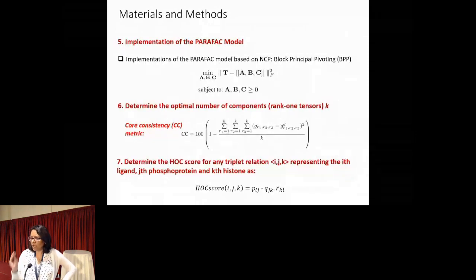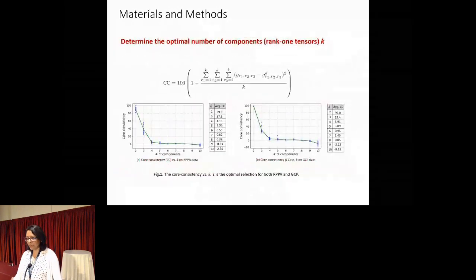To determine the optimal number of components, rank K, which is often a challenge because you don't know how many functional modules or what type of clusters you're going to get, we applied the core consistency metric to agnostically look through the data and come up with the appropriate K. Then we can allow the decomposition to happen.